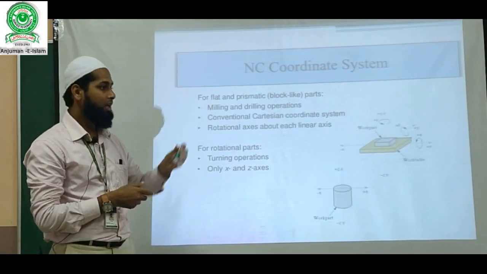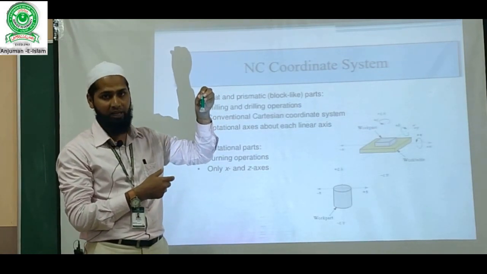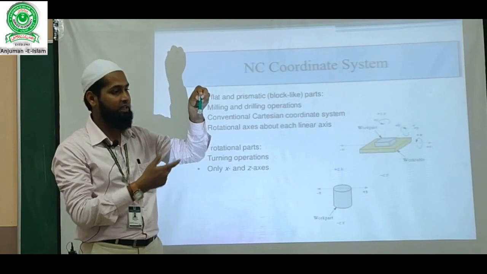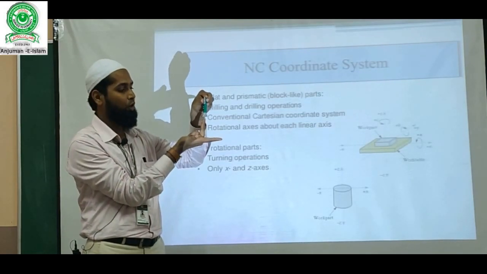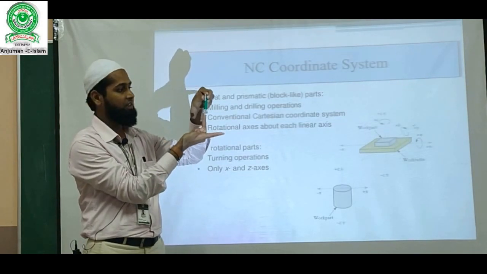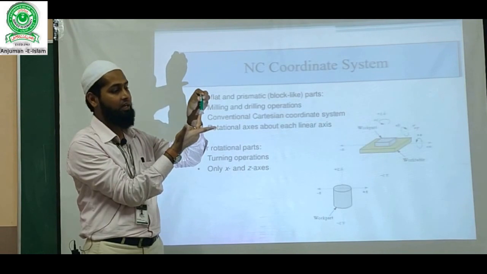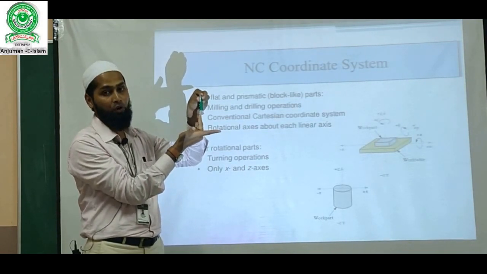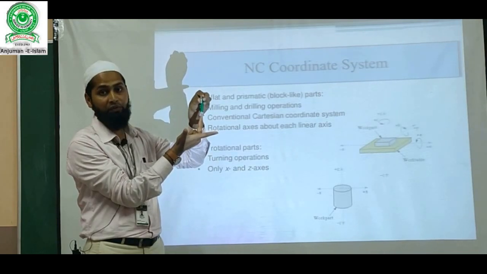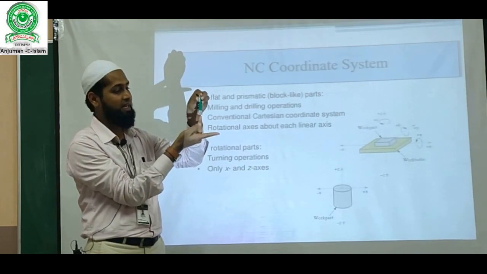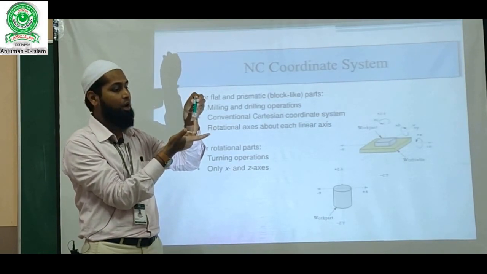For example, if this is the rotating spindle of a vertical milling machine, then we have to coincide this middle finger with the axis of the spindle. Then this thumb and the forefinger show the positive direction of the x and y axes. The z axis is the direction of the spindle.